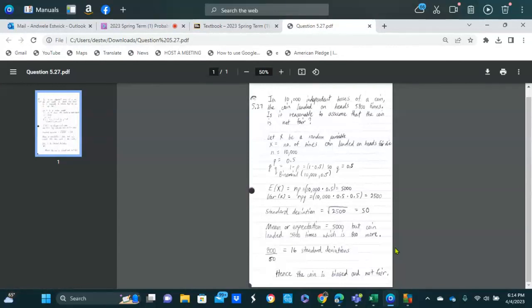Since the coin landed 5,800 times, that's 800 more times than the expectation or the mean. So we divide the 800 by the standard deviation, and that gives us 16. And 16 is a lot of deviations from the mean, which means that the coin is biased and not fair.